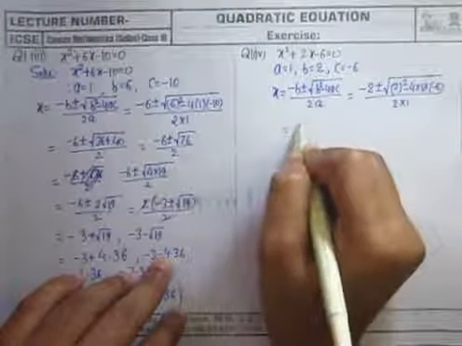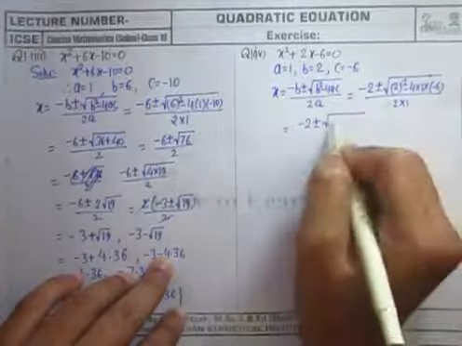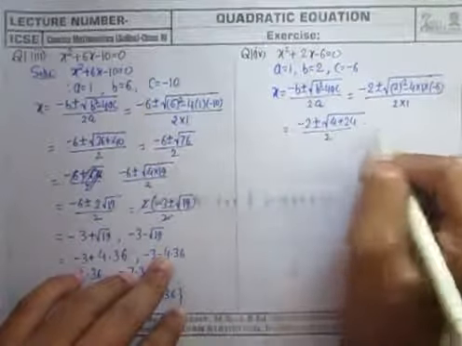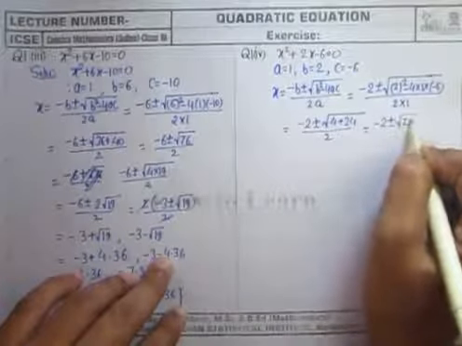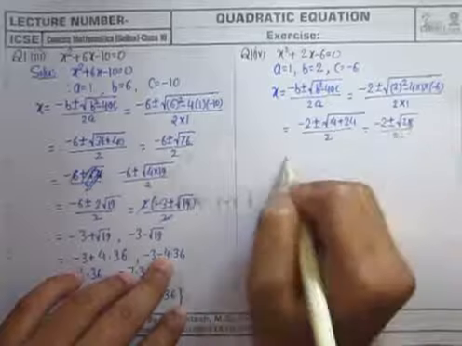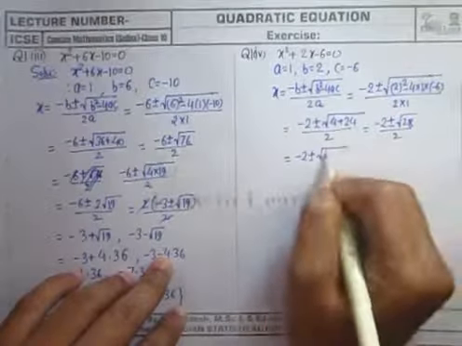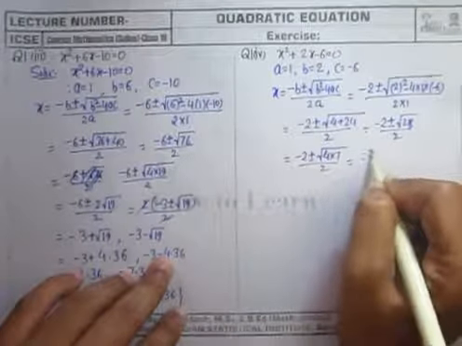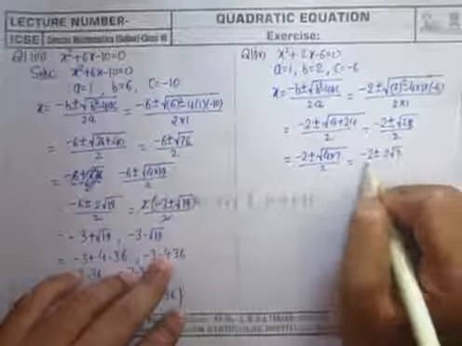So it is minus 2 plus minus root under 4 plus 24 by 2, so it is minus 2 plus minus root under 28 by 2. Root 28 can be written as root of 4 into 7. So here we can take minus 2 plus minus square root of 4 is 2 root 7 by 2.